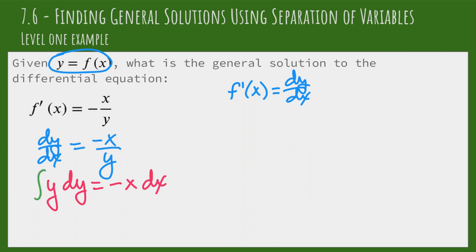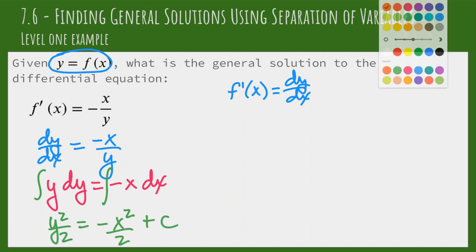Then we take the antiderivative on both sides, and we get y squared is equal to negative x squared plus c. Sorry, that should be y squared over 2 equals negative x squared over 2 plus c.